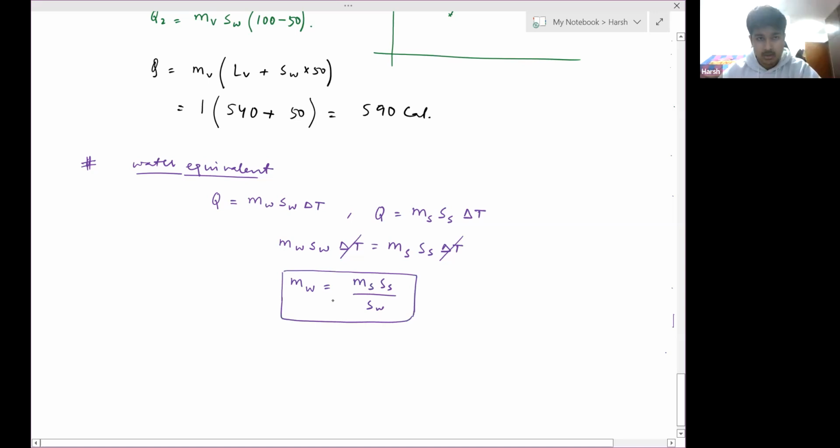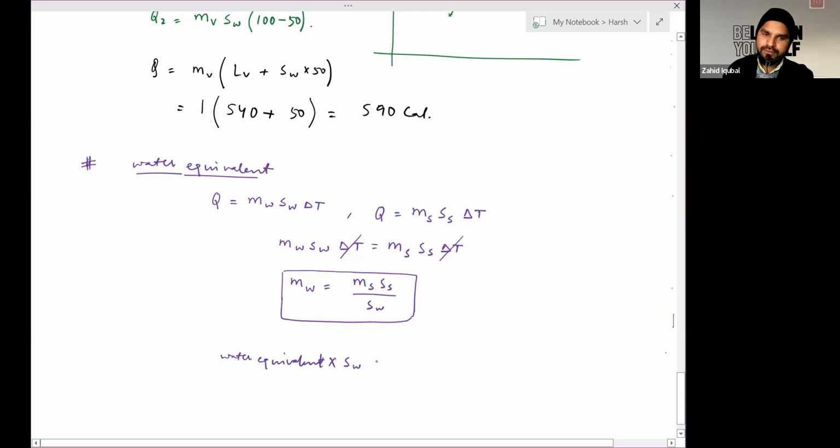So water equivalent multiplied by the specific capacity of water equals the mass of substance times the specific capacity of substance.